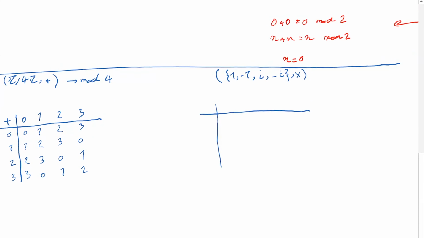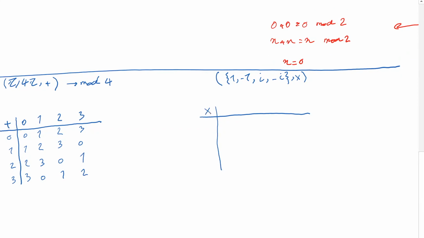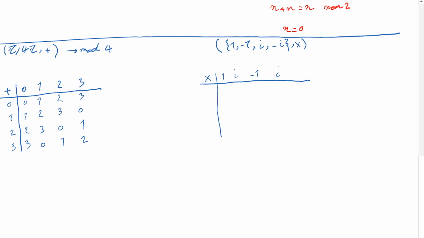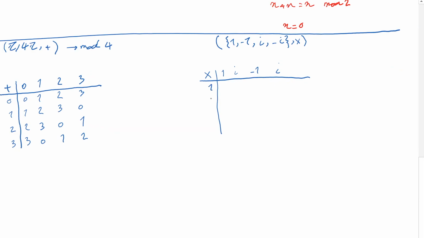We want to go through all the possible results for this group. So I write it down: 1, i, minus 1, and minus i, and then again 1, i, minus 1, and minus i. So let's do the results over here. The operation is multiplication.